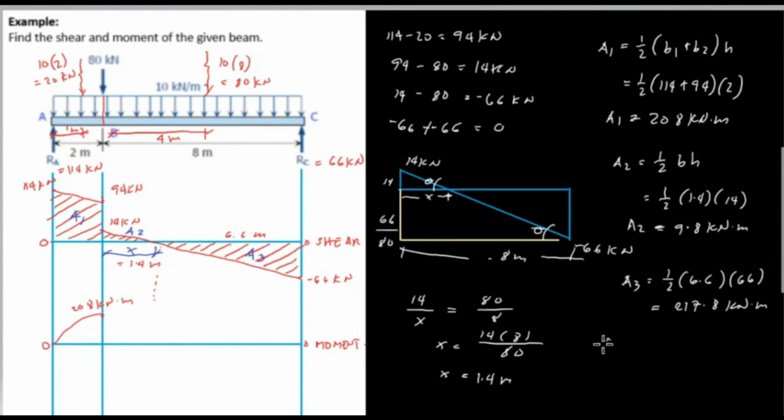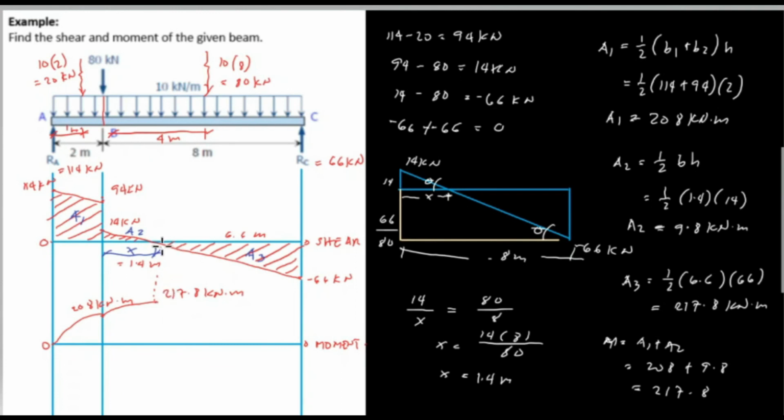The moment is area 1 plus area 2, which is 208 plus 9.8, equivalent to 217.8. This point is 217.8 kilonewton meter. The shear is downward from point B up to 1.4 meters, and the shear is decreasing, so it is also concave downward.